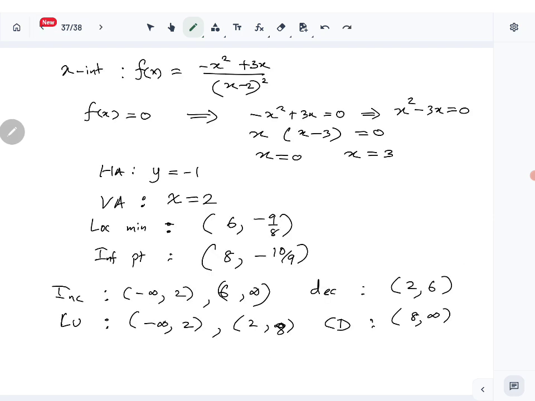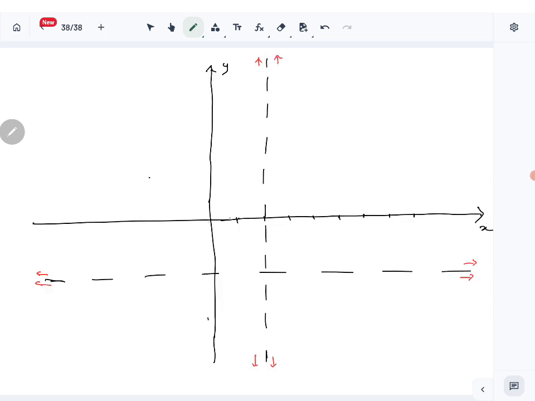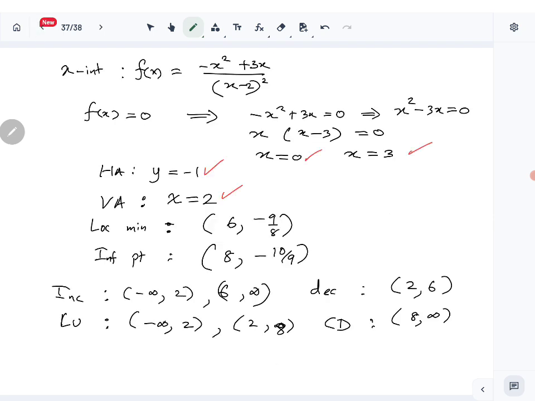Now mark the, so this is done, this is done. Intercepts 0, 3, 0 and 3. Those are the x-intercepts. Right, that is also done. Then what? Local min and inflection.